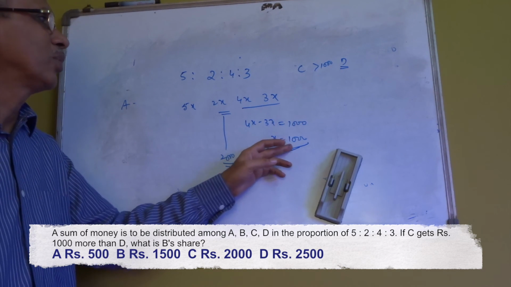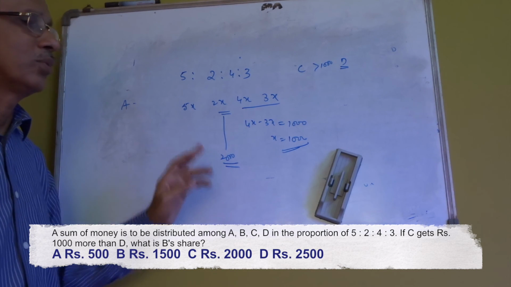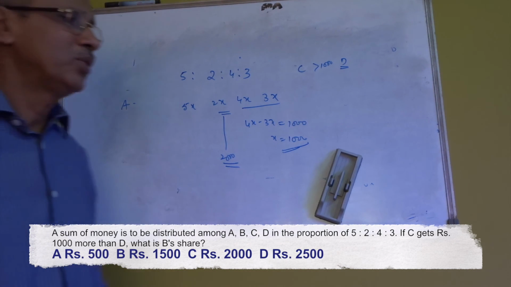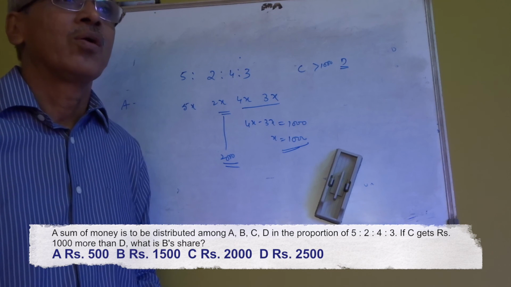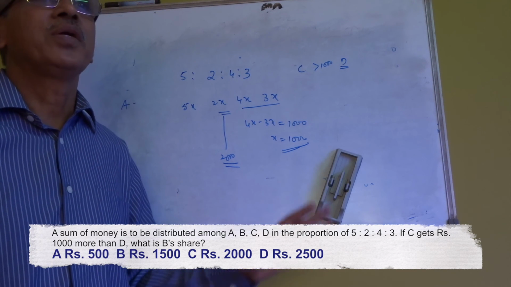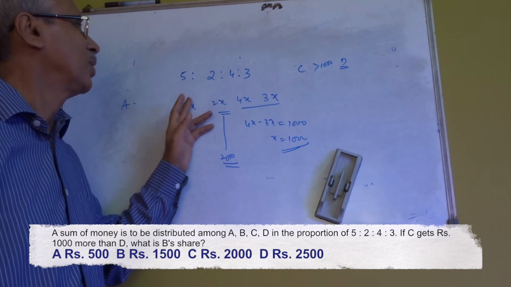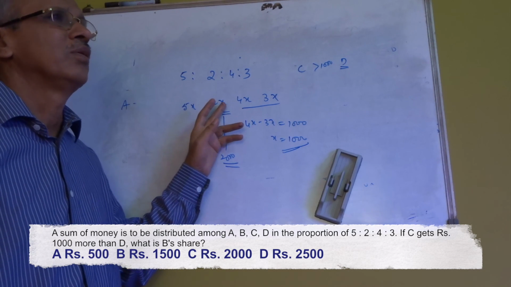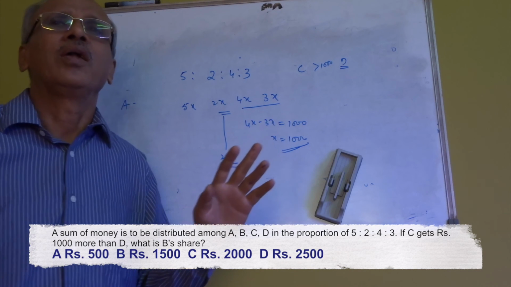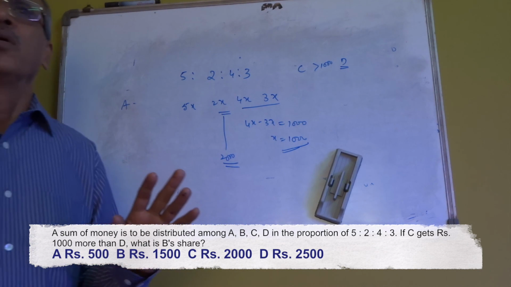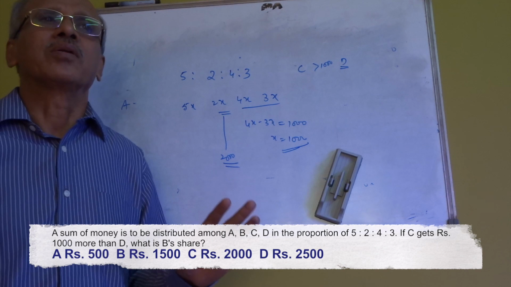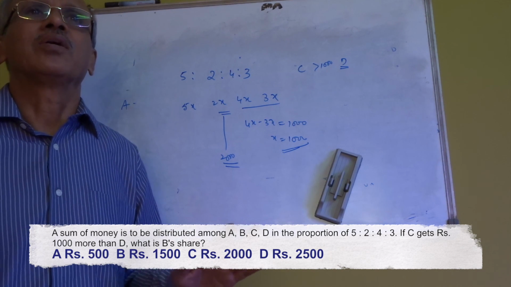That means x is 1000, 2x is 2000. So it is simple. Always equate it: if one is 5x and another is 2x, it is a comparison. Divide one by the other, you get the value.